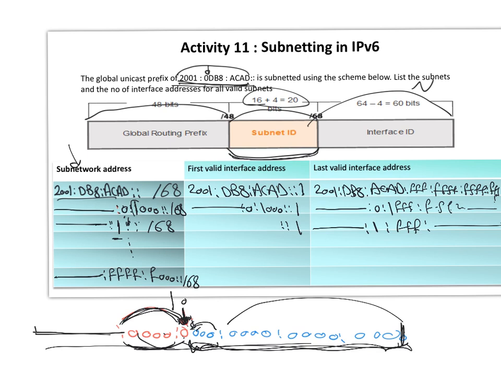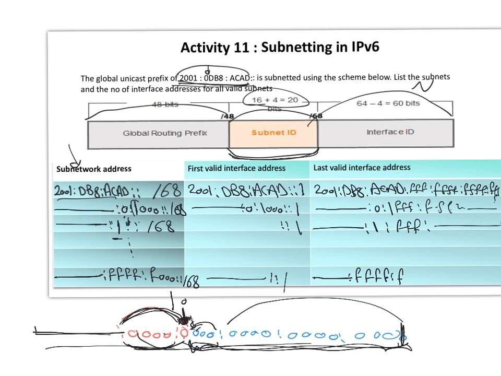The first valid interface address is easy. It's just to take this part as is and put colon 1, which is to take the interface ID and increment 1 to it. And then the last valid interface address is to put the same 3 hex digits and then F, colon F. This is the subnet ID.